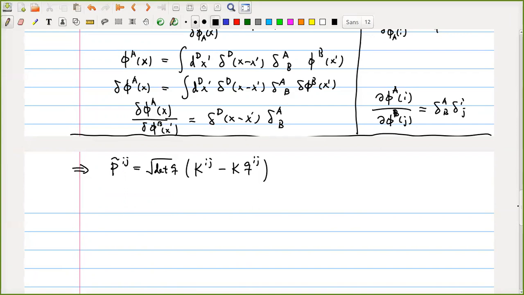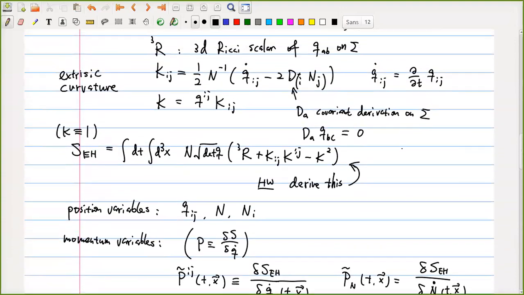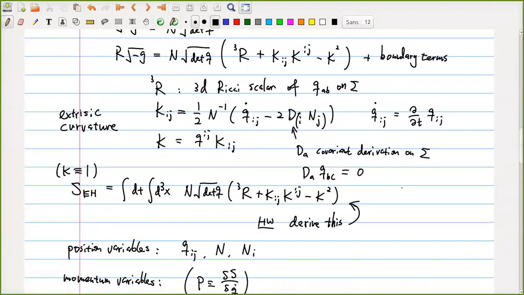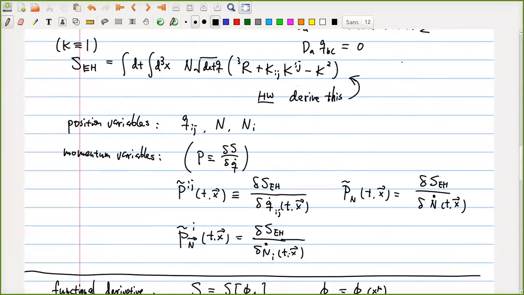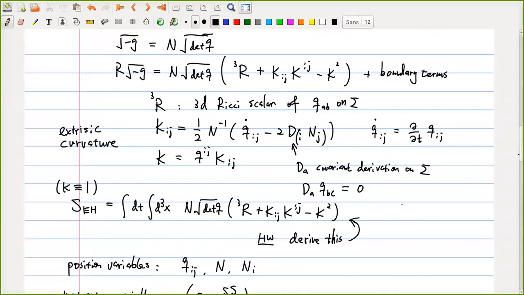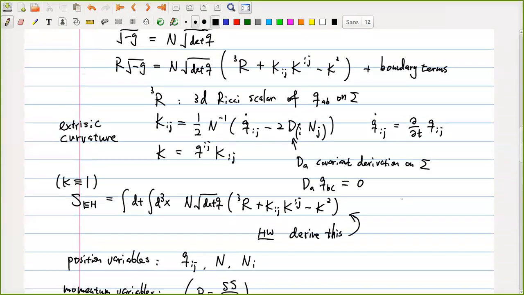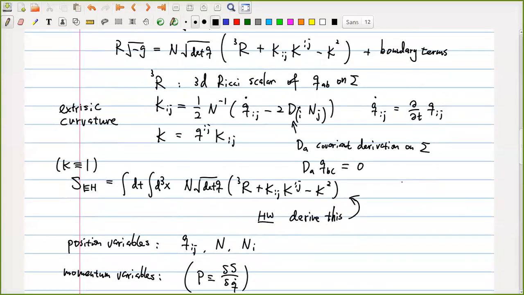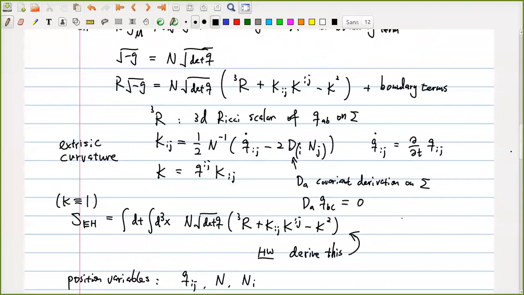Maybe I first give you the momentum for n and the momentum for the vector n, and here you observe that you can't find n dot and ni dot in the formula. This is a speciality of the Einstein-Hilbert action: some position variables have time derivatives in the action, but some variables have none. For n, the lapse function, you can't find any. The three-dimensional curvature only depends on q, not on n.